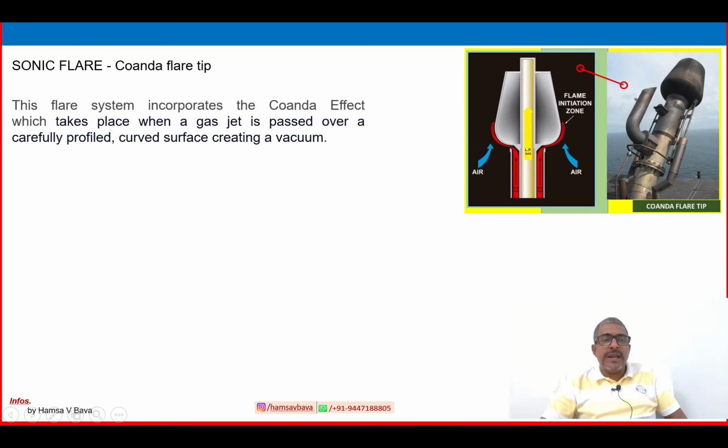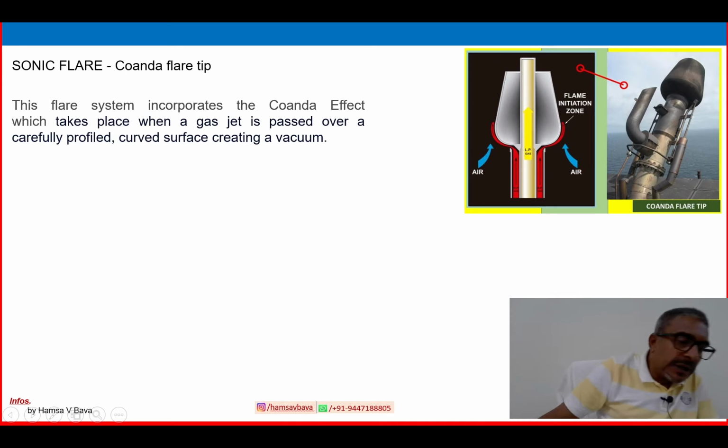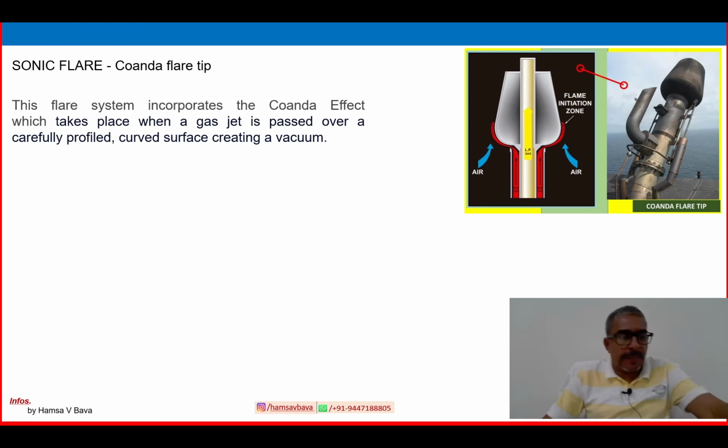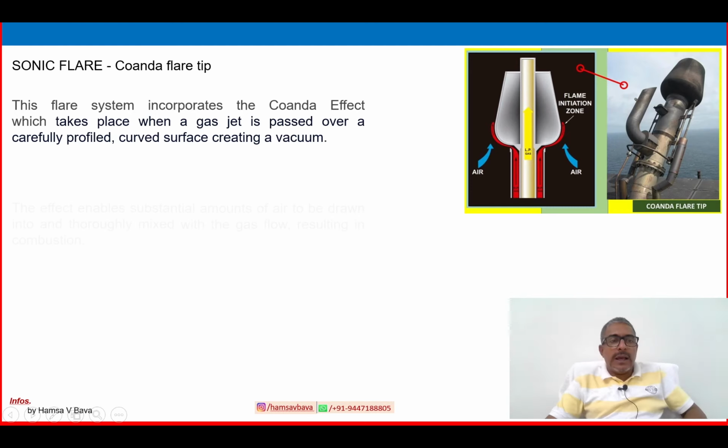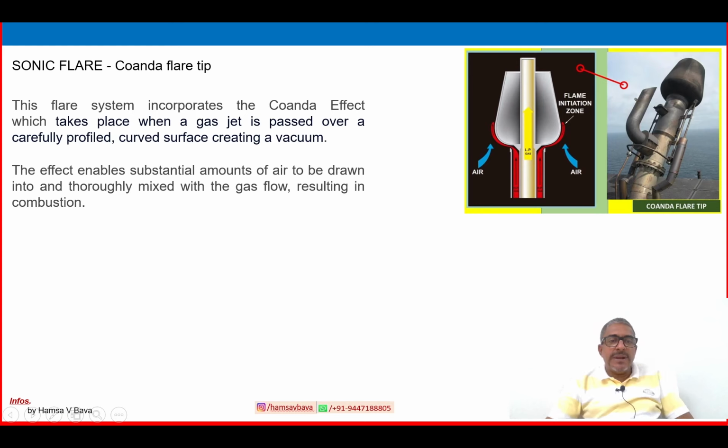This flare system incorporates the Coanda effect, which takes place when a gas jet is passed over a carefully profiled curved surface, creating a vacuum. This effect enables substantial amounts of air to be drawn in and thoroughly mixed with the gas flow, resulting in combustion.